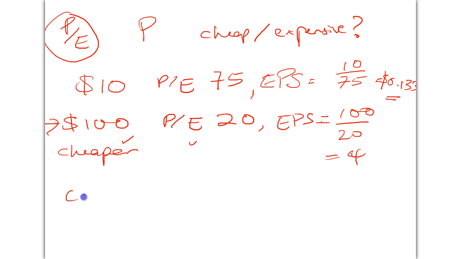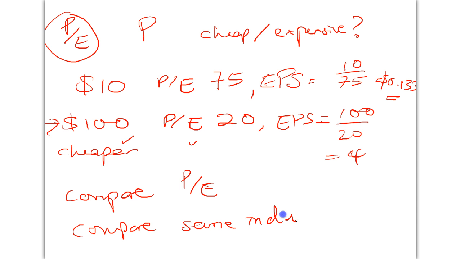So we can compare companies using the PE ratios, and it would be better suited if we compare companies in the same industry, because certain industries have very phenomenal growth rates.